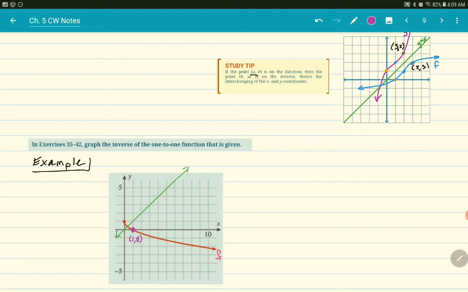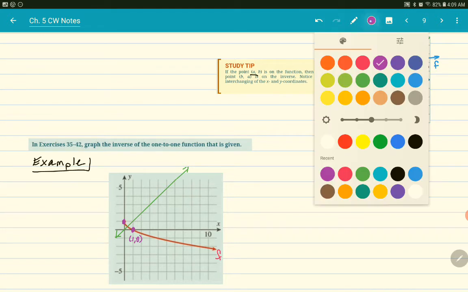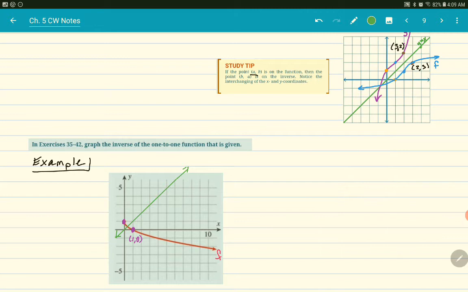And that means there's a (0, 1) on the graph of the inverse. And then there's actually a point at (0, 1) on the red graph as well. So there'll also be a point on the inverse.